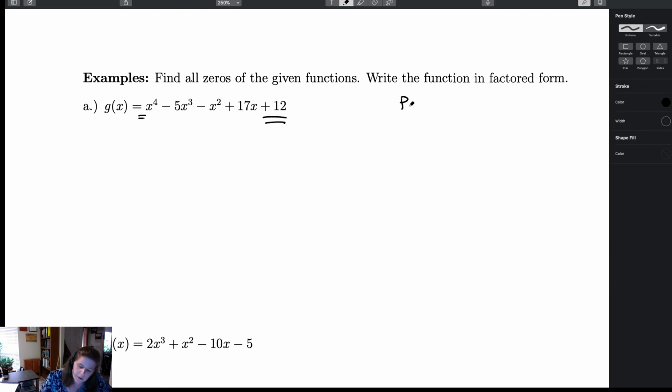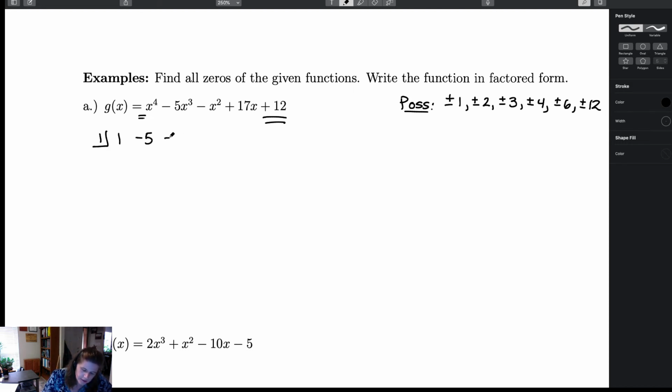So my possible options: plus and minus 1, plus and minus 2, 3, 4, 6, and 12. Now I know that seems like a lot of possible zeros, but usually you find one pretty quickly. So the first one I'm going to check is 1.